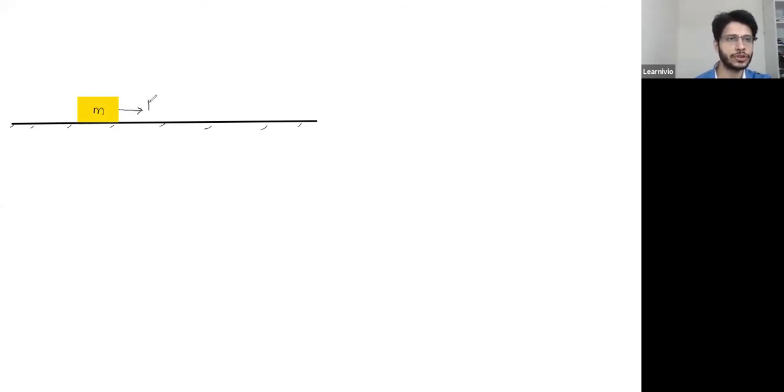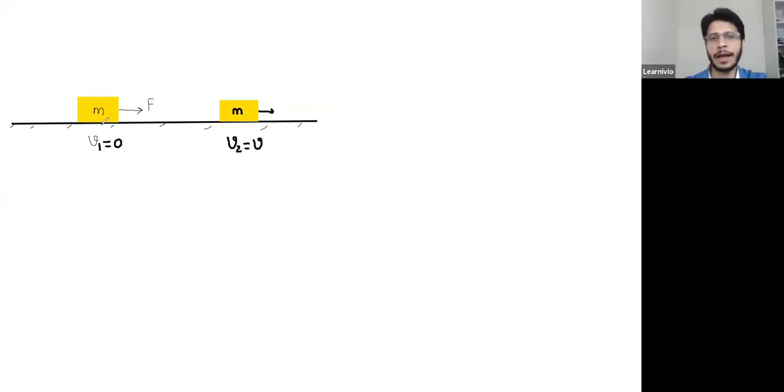I'm applying a force F over the body. Initially, the velocity of the body is zero. V1 is zero. The initial velocity of the body is zero. When you apply force, that means you are doing some work over the body. The body gets displaced by a certain amount due to the force, and now the velocity of the body is v.